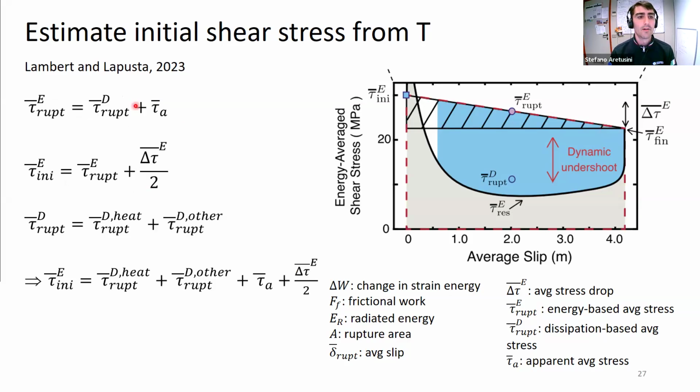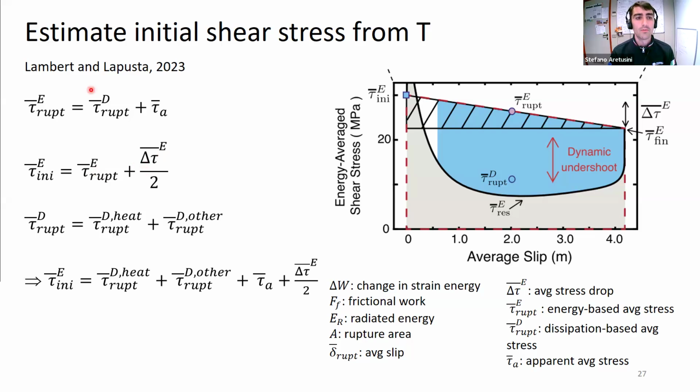If we move further on, we can decompose the energy-based shear stress as the initial shear stress, which is really the unknown part, the one we want to estimate, and as a function of the energy-based shear stress and half of the static stress drop.